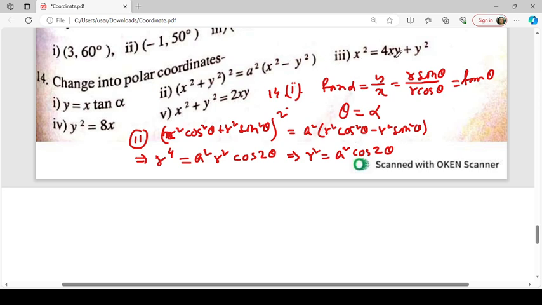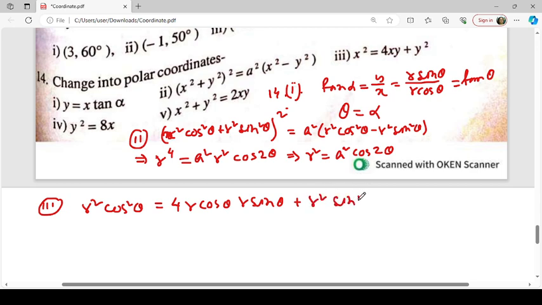Similarly number 3, x² minus y² is equal to 4xy. So x² is r² cos² θ, equal to 4xy, it is r cos θ times r sin θ, and y² is r² sin² θ. So r² you can cancel it out.